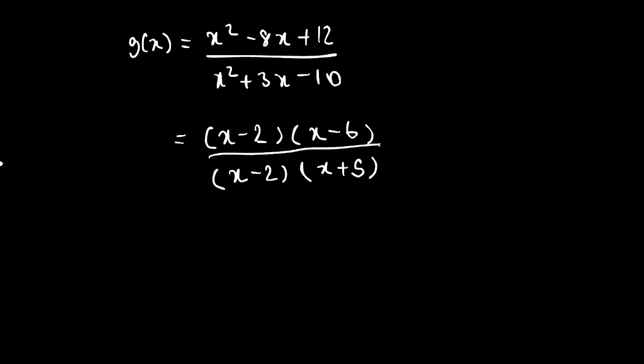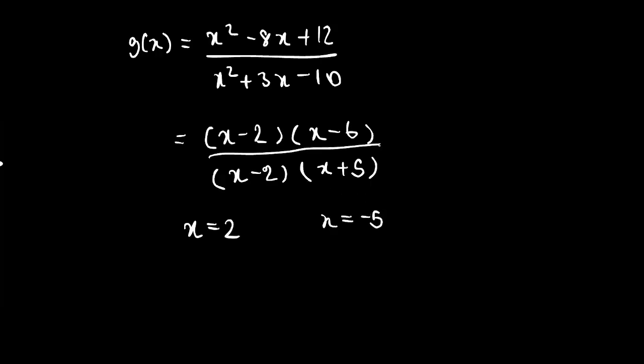So now looking at this, when will our denominator be equal to 0? Well, simply, we can see that if our x is equal to 2, our denominator would be 0, right? We plug in a value of 2 for x into the denominator, this would be 0, and this would be 7. And 0 times 7 still gives you 0. You also have a denominator of 0 when your x is equal to negative 5, right?